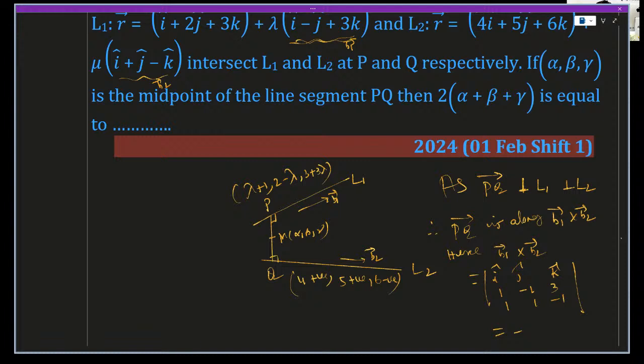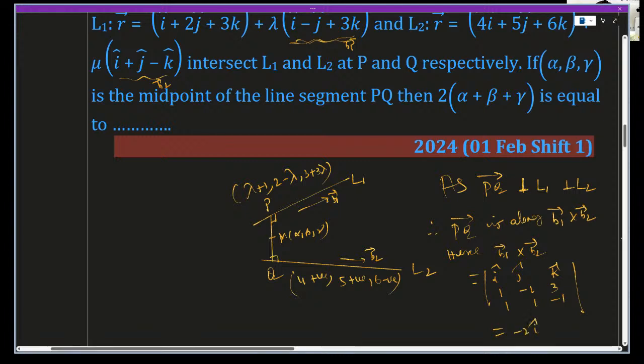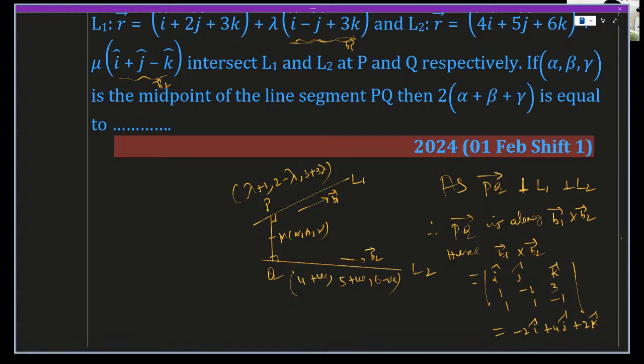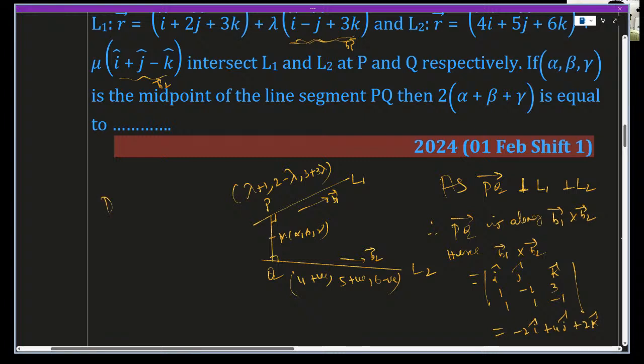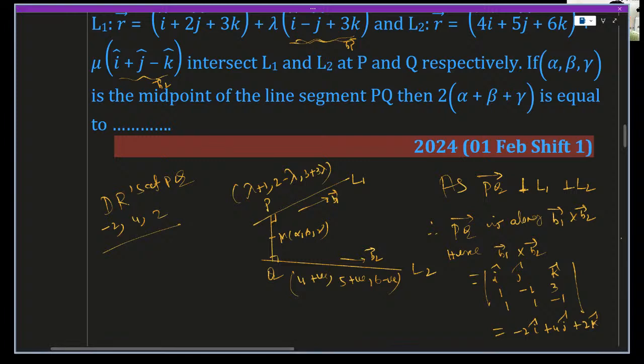So we get (1 minus 3) I, that is minus 2 I, plus 4J plus 2K. Isn't it? Just check my calculation, I hope I have done correctly. Now, the direction ratios of PQ are along this vector, minus 2, 4, 2. Direction ratios are the coefficients of i, j, k.